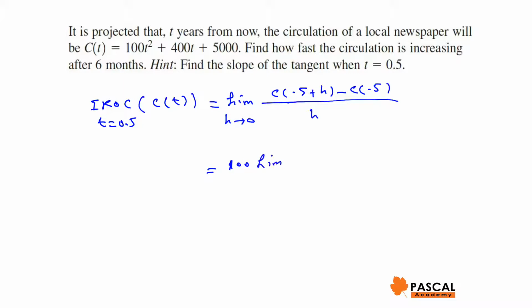If we factor 100, the numerator would be 100h times (1 plus h plus 4) after factoring h and simplifying, reducing the fraction by h. And this limit is 500. As h approaches 0, the limit of 1 plus h plus 4 is 5, and 5 times 100 is 500.